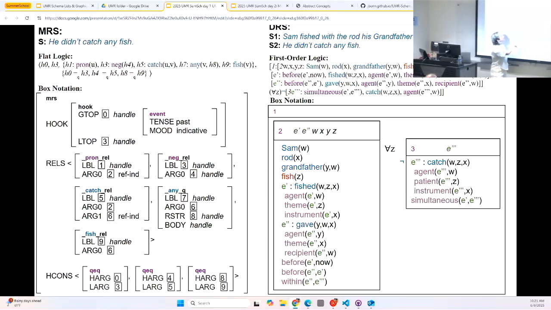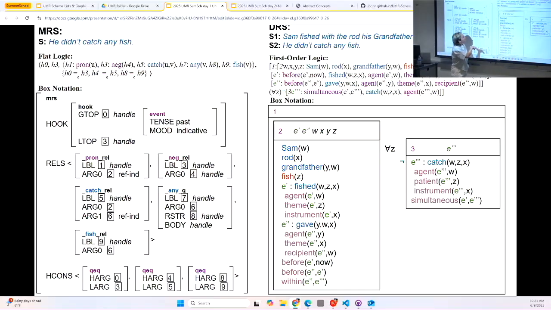Discourse representation structure, they do more with tense, well, in some, you can incorporate tense. They do more with scope, so you have these scopal operators, but it's still a box. And I've highlighted here, so I think purple are concepts that don't come directly from the sentence, and blue are concepts that do come directly from the sentence.